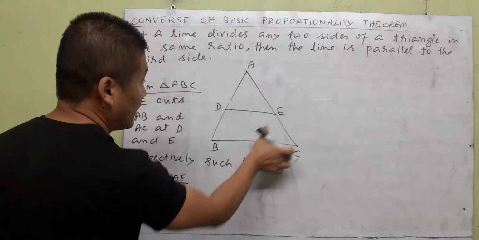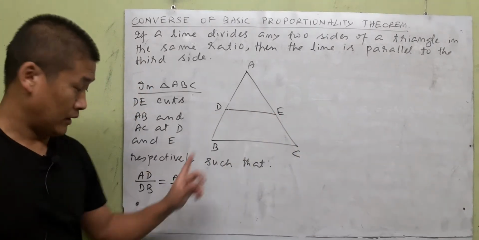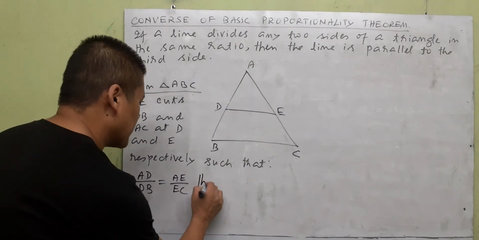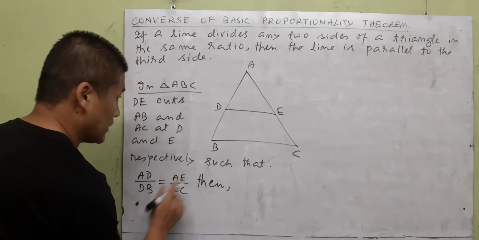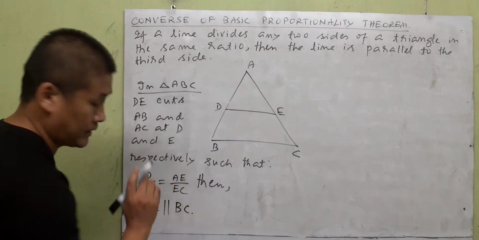That means if the line cuts these two sides in equal ratio like this, then the theorem is saying we can be sure that this line DE is parallel to BC.